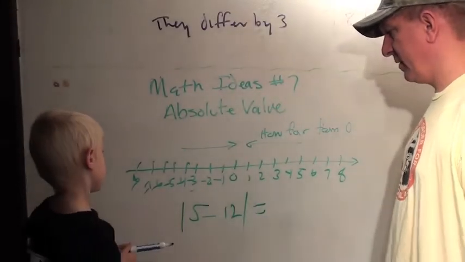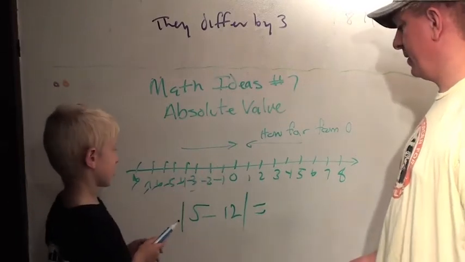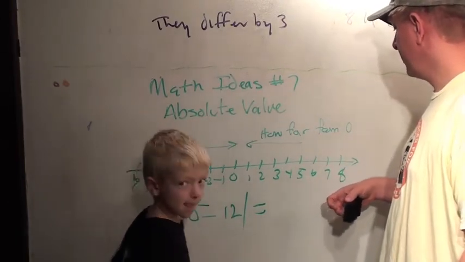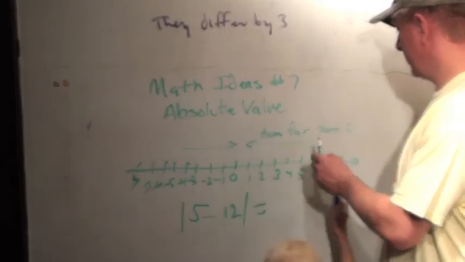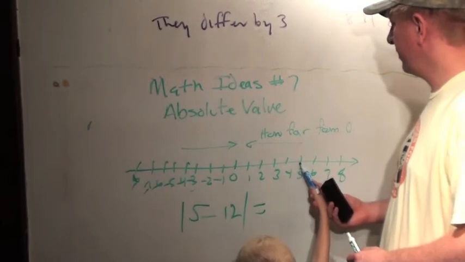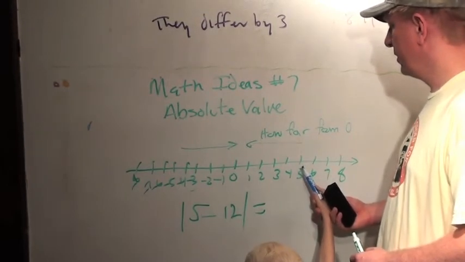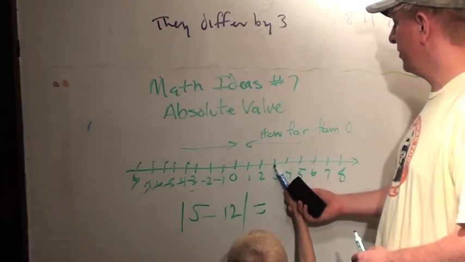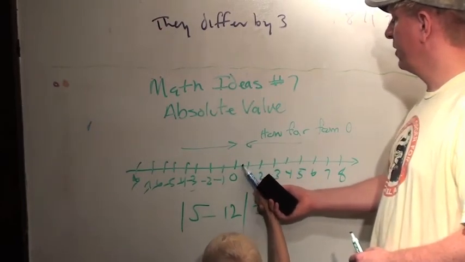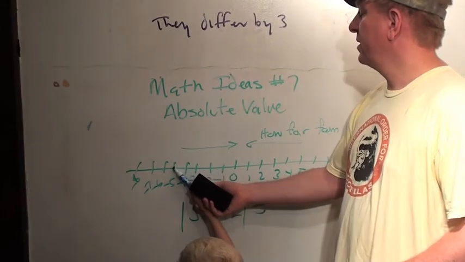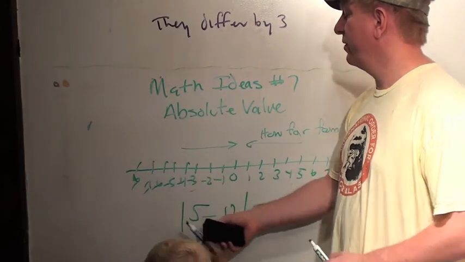Where do you start? You start at 5, then you minus 12. Okay. Well, here, come over here. Here, hop down off your chair. Start at 5, and then you go which way? You go this way, 12. Okay, so count. 1, 2, 3, 4, 5, 6, 7, 8, 9, 10, 11, 12.